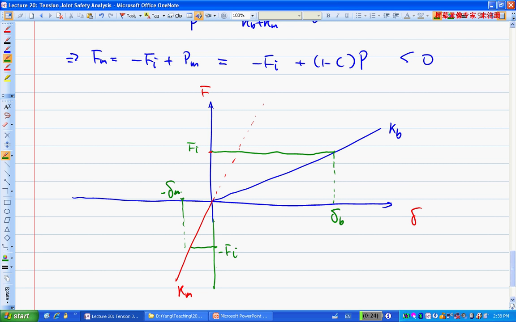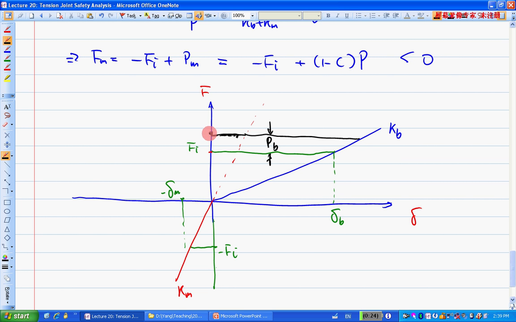So without any external load, now you have the external load capital P applied, and a portion of that P is taken by the bolt, and a portion is taken by the member. How much is taken by the bolt is the PB value, a little portion, so let's say maybe over here. This little difference here is PB.